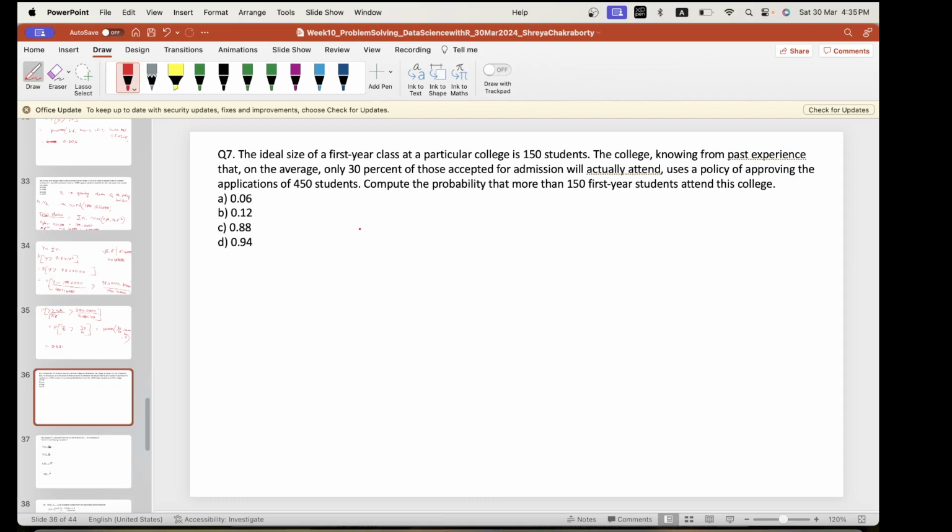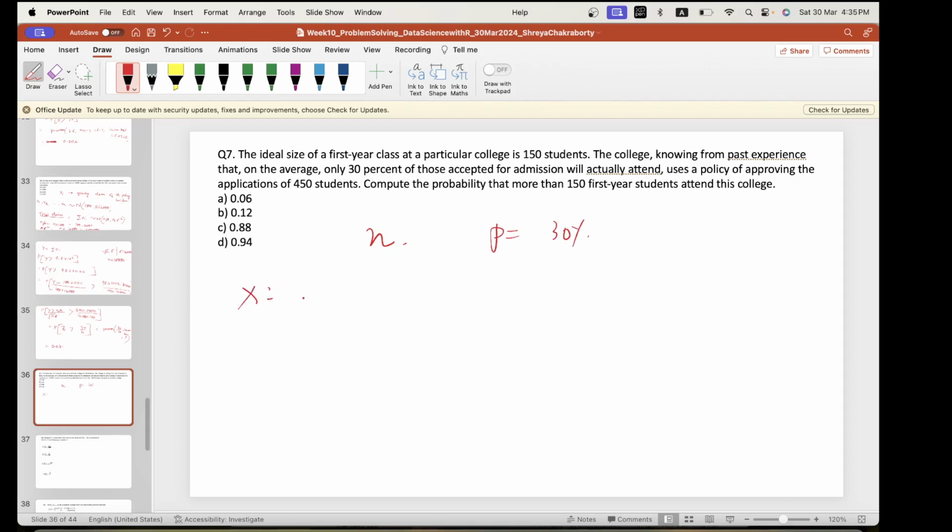How to solve this? Alright, so the college has admitted n students, and it assumes that p equal to 30% will attend.